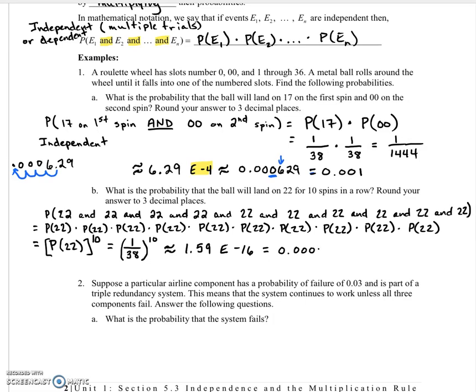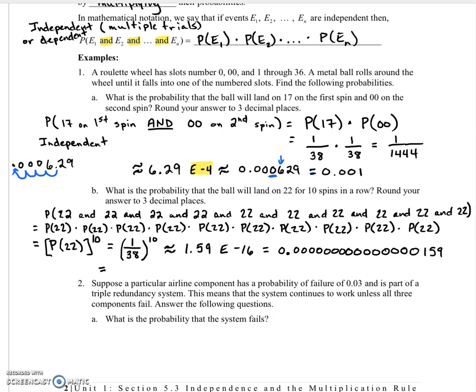1, 2, 3, 4, 5, 6, 7, 8, 9, 10, 11, 12, 13, 14, 15, then 1, 5, 9. We end up with 15 zeros to the right of the decimal point before we get to the 159 part.